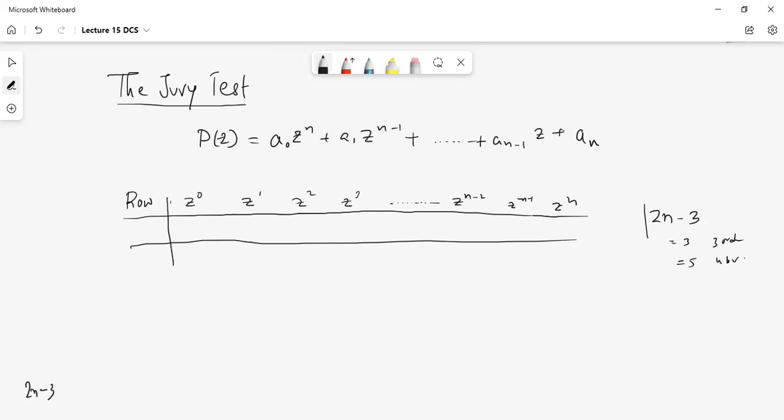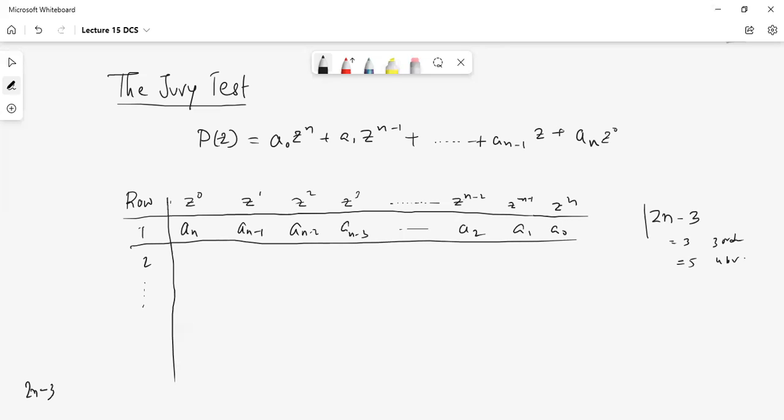Okay. So now how will the first row be constituted? Give the row numbers 1, 2, 3 and so on. The first one will be the coefficients, starting from z to the power 0: a n, then a n minus 1, a n minus 2, a n minus 3, and it goes up to a2, a1, a0.